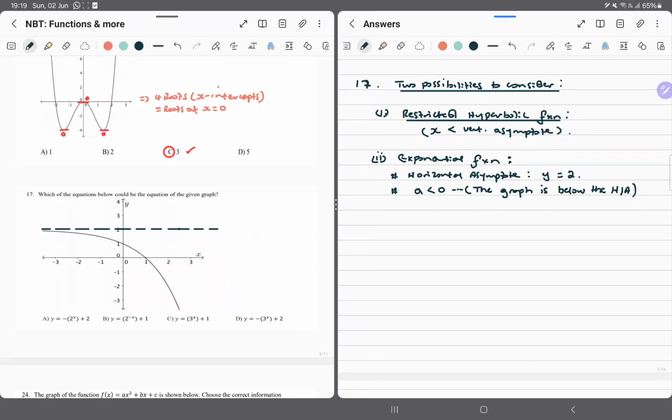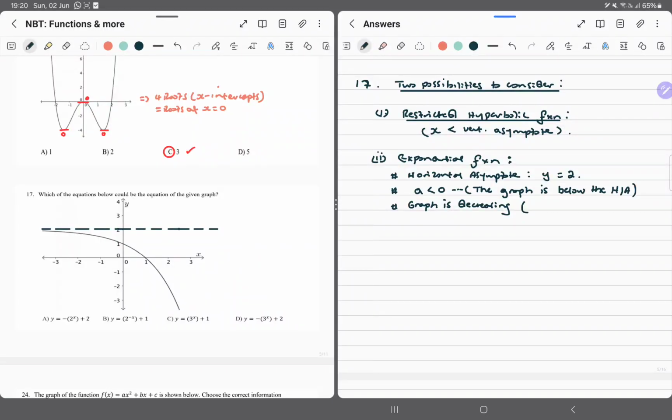Now, that is fine, but now look at this. This graph is decreasing. The graph is decreasing. So what does that mean?